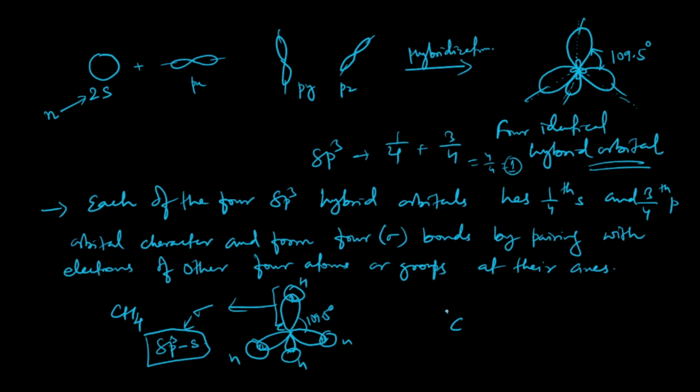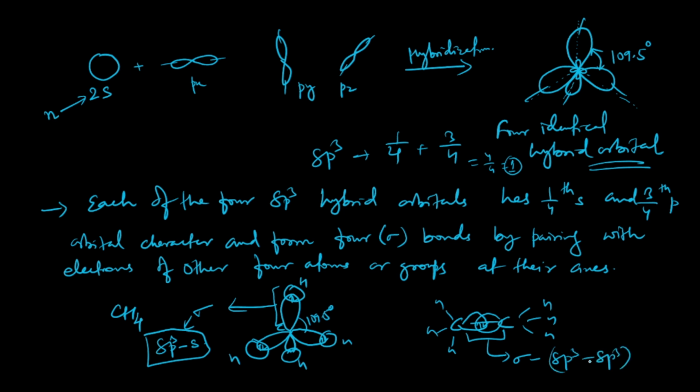So in ethane, see hydrogen, hydrogen, hydrogen, here carbon, here hydrogen, hydrogen and hydrogen. Now you see what is the bond nature of this bond? It will be a sigma bond again, but what is the orbital overlapping taking place between these two carbons? It will be sp3 of this carbon and sp3 of this carbon.